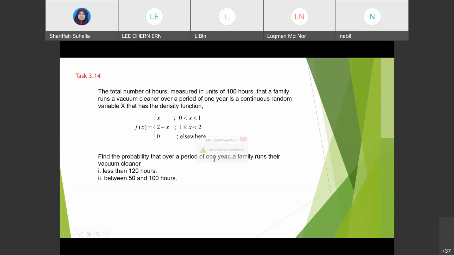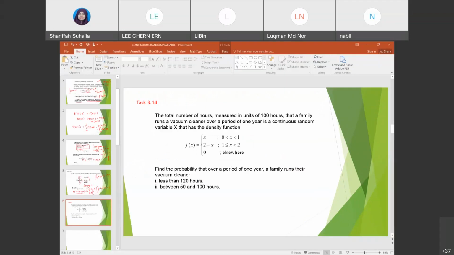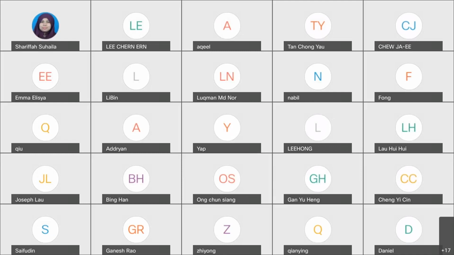Saya tengah loading ni. Okay, I stop sharing this one first.